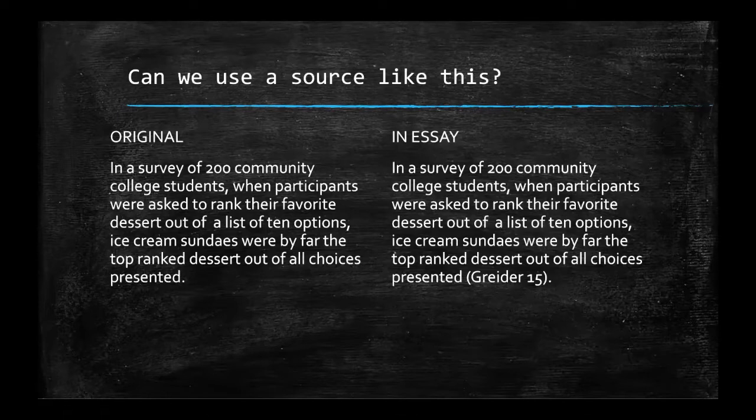And it's up to you to determine whether or not the person who's using that passage in their essay has done so correctly, or if maybe they are doing something that they are not allowed to do, potentially even plagiarizing. So I want you to pause the video here for a second, read both the original and the example of how it might be used in an essay, and try to determine whether you think it's being used correctly in the essay or if there's something off.